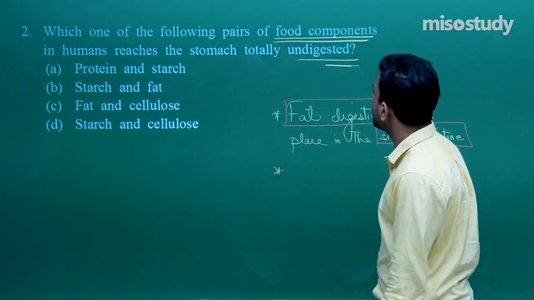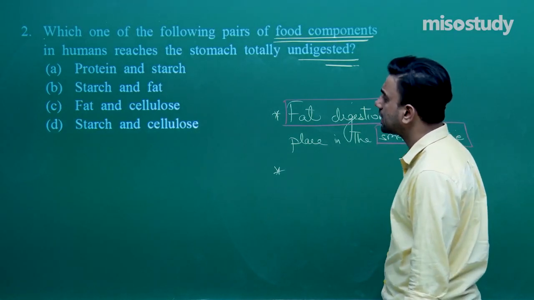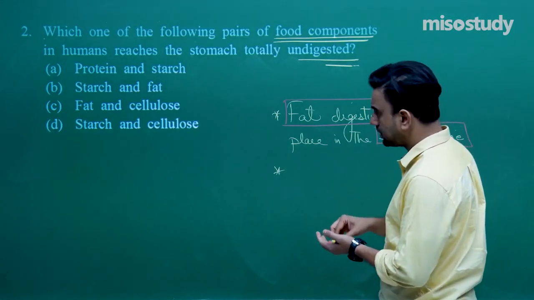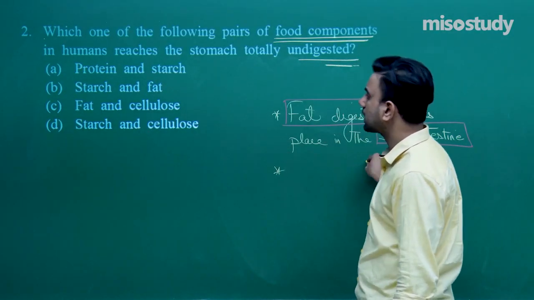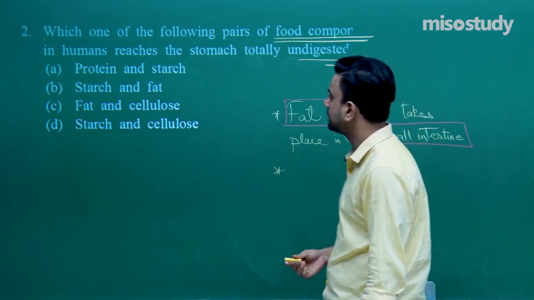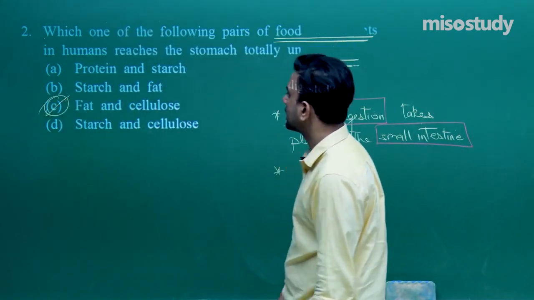So, which one of the following pairs of food components in humans reach the stomach totally undigested? In this we can say the starch. So, we have to choose one, we chose fat, and the other one is the cellulose, right. So, this will be the correct option, that is fat and cellulose.